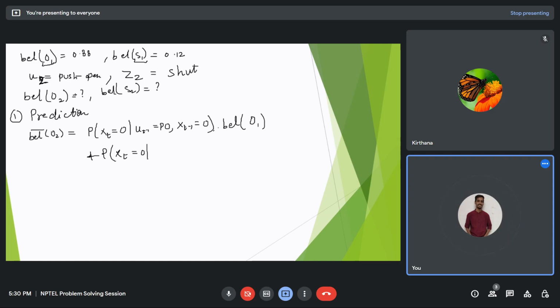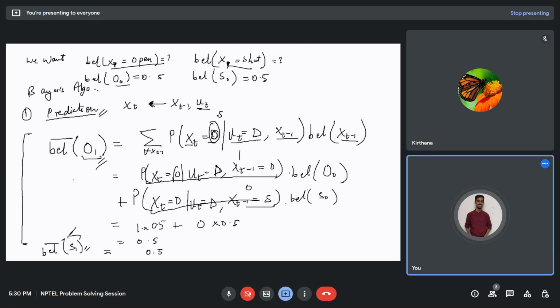And because you want the prediction for the door being open, you are calculating the total probability for the door being open. So if it was pushed and it was shut before, multiplied with the belief that it was shut before. So what will be the numbers here?